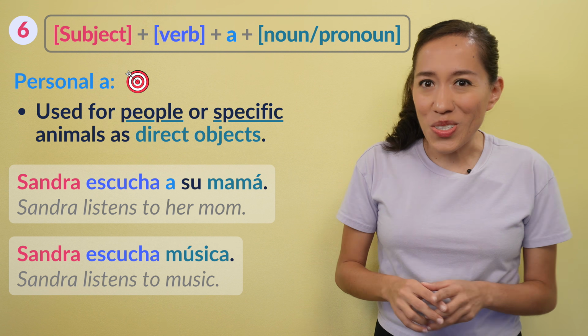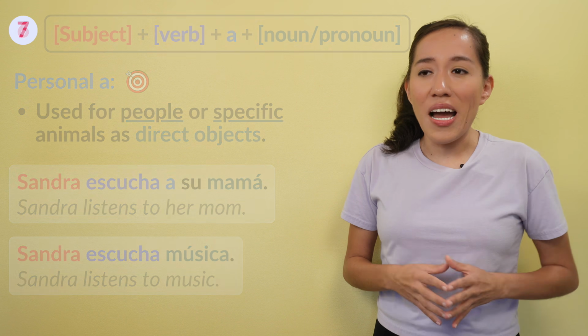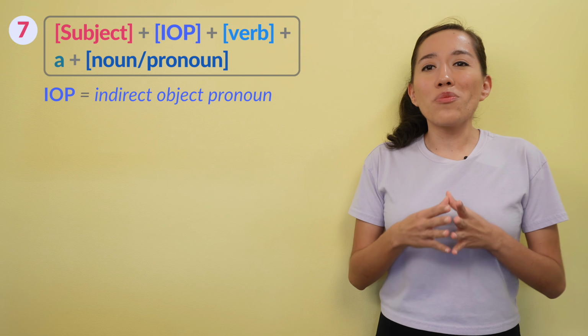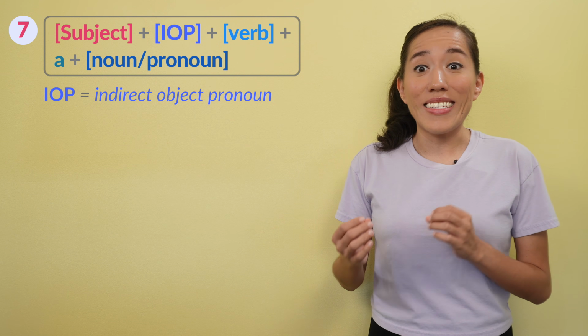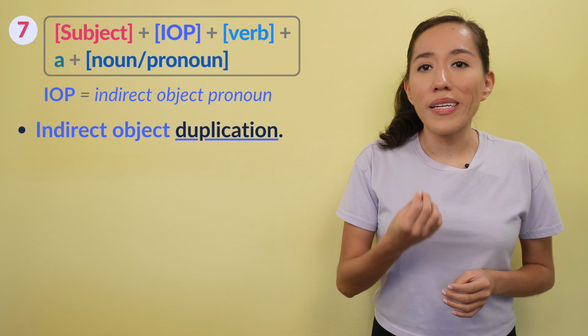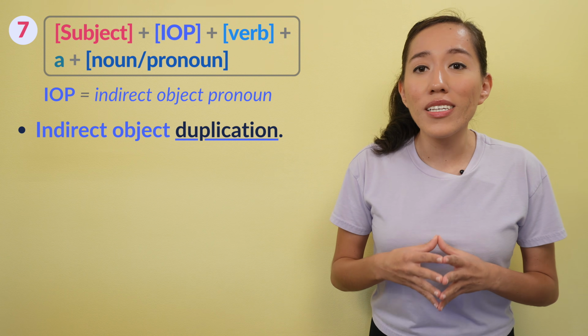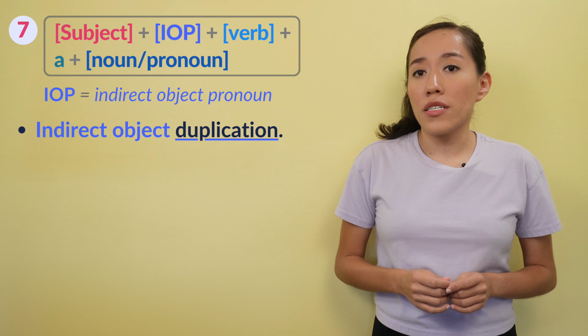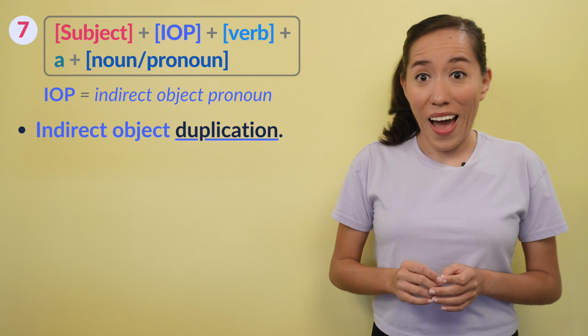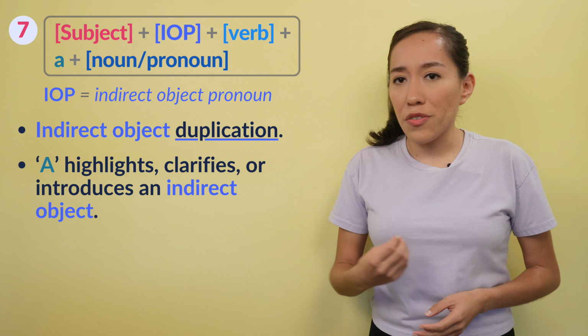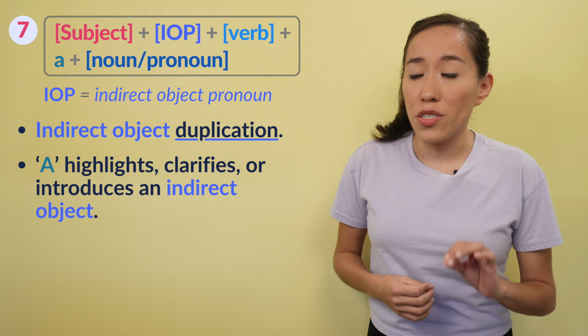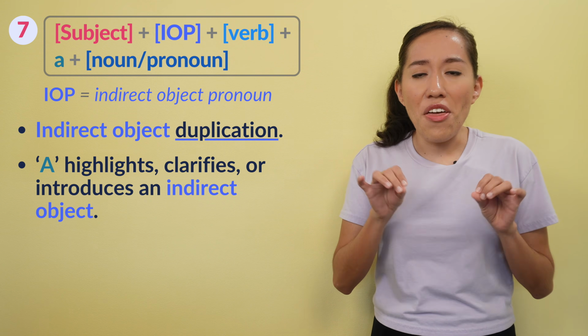Do not confuse personal a with formula number 7. La fórmula número 7 se conoce como duplicación del objeto indirecto. In this case, we're using la preposición a to highlight, clarify, or introduce an indirect object. Completely different things.